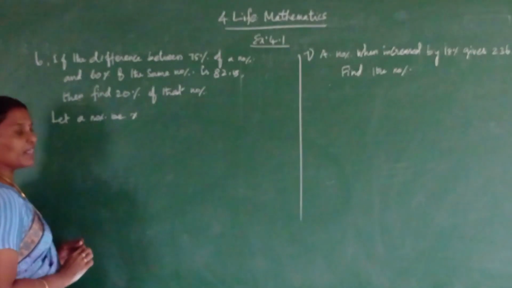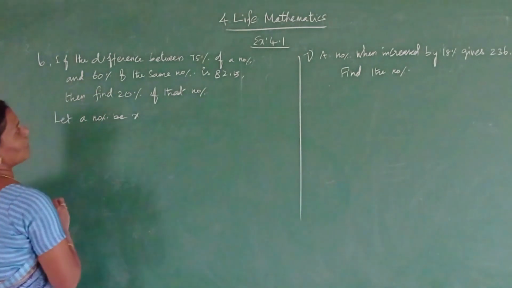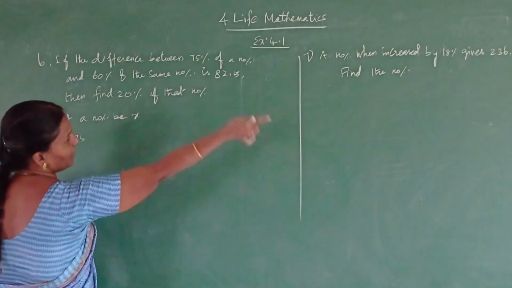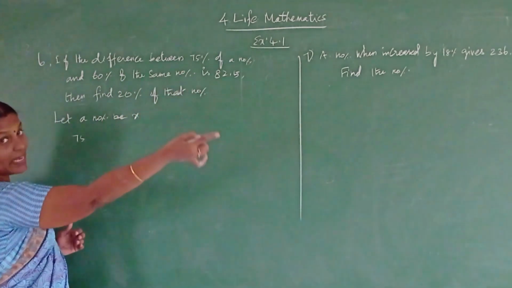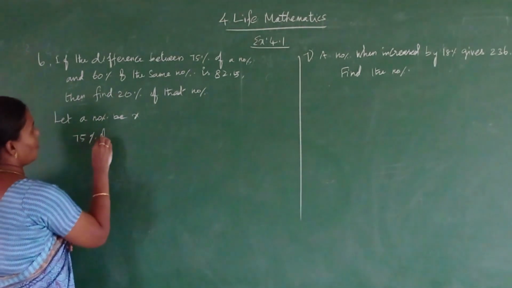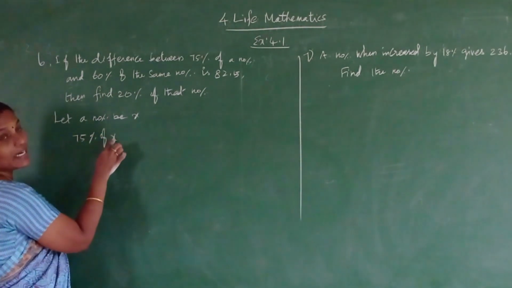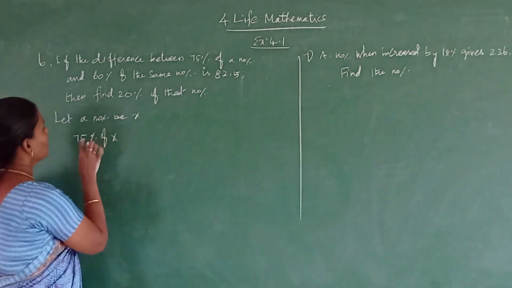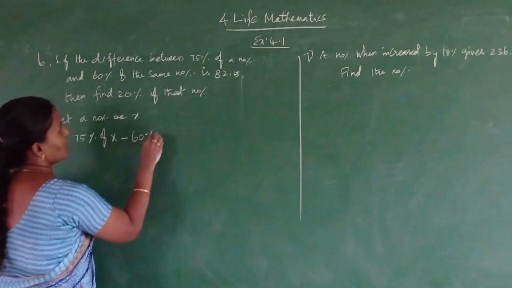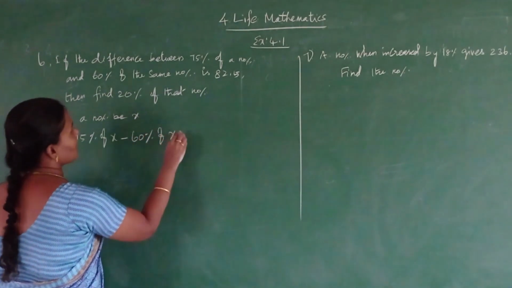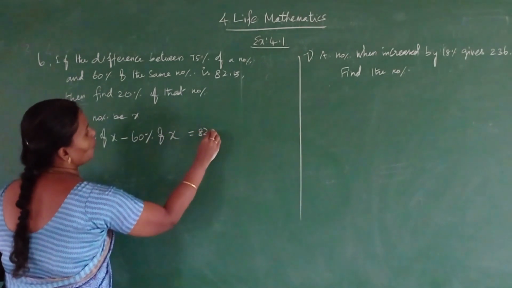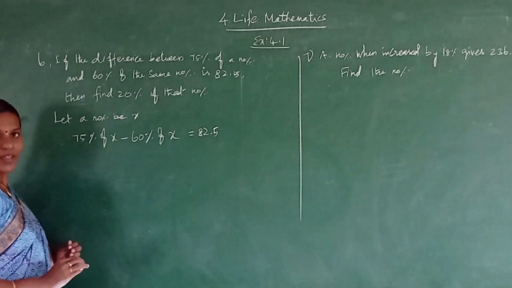So what is the given condition? The difference between 75% of a number and 60% of the same number. So 75% of x minus 60% of x, the difference is 82.5. Have you got it, children?